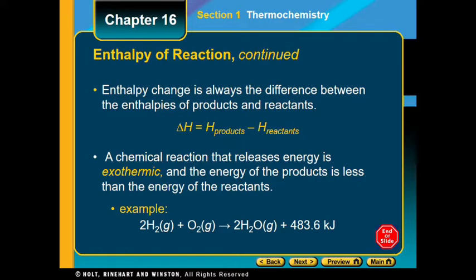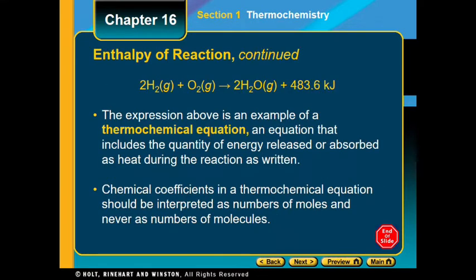And exothermic is when energy is released. So in this particular sample right here, energy of the products is less than energy of the reactants. So when you see the positive 483.6 kilojoules and it's on the product side, this will be an exothermic reaction. In this thermochemical equation, the equation does include the quantity of energy released or absorbed.